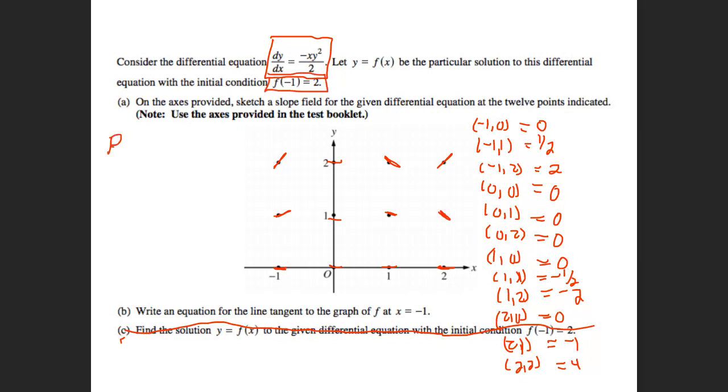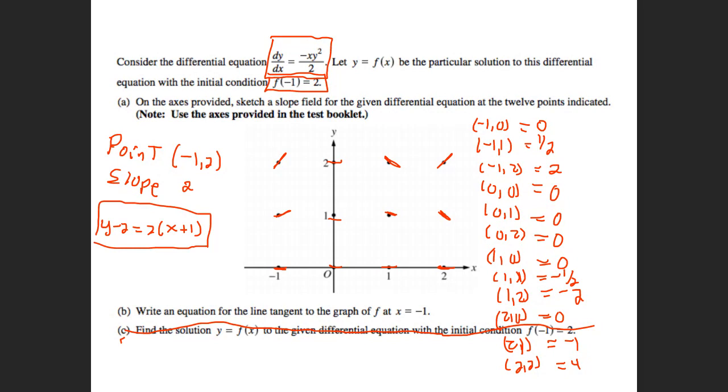So in the beginning of the problem, they gave us the point. The point is -1, 2. And then I just need the slope. Well, guess what? All I have to do is go to -1, 2. The slope is 2 there. So now if I want to write an equation of a tangent line, it's just y minus 2 is equal to 2x plus 1. And there's my tangent line.